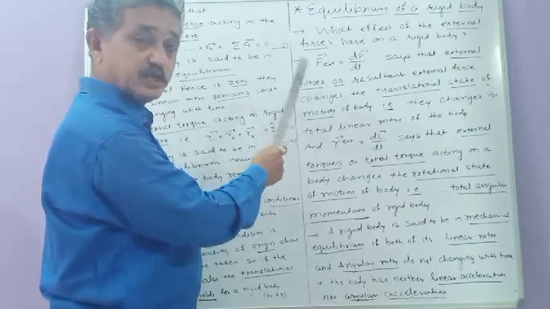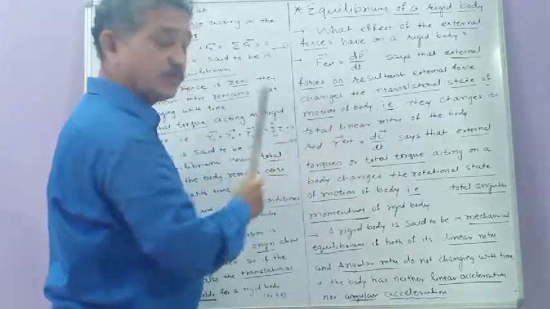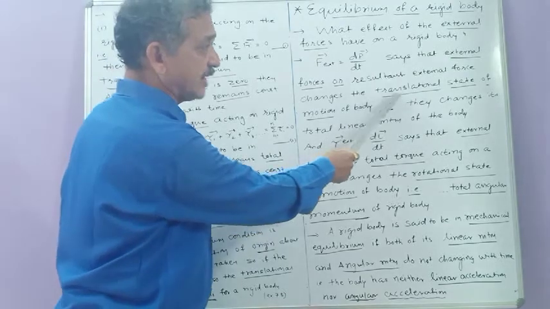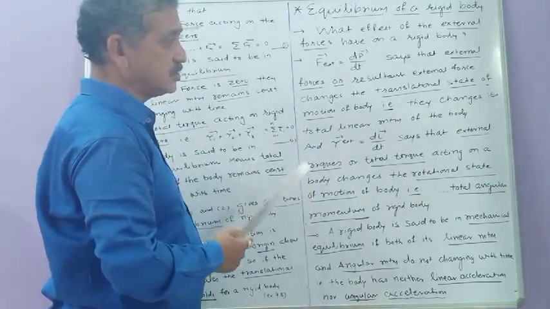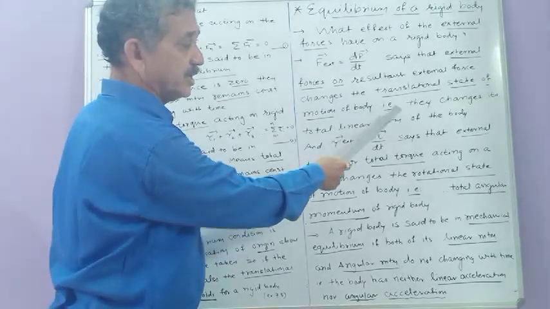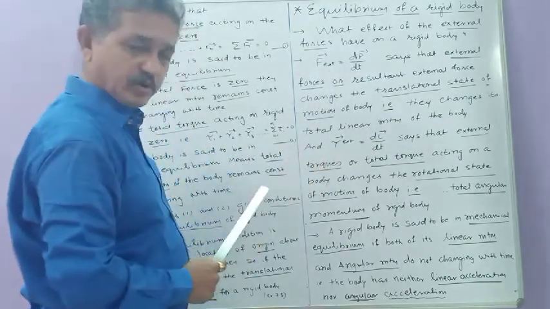That means the external forces acting on a body can change the translational state of motion of the body. Translational state means the linear state of motion. That means they can change the total linear momentum of the body.